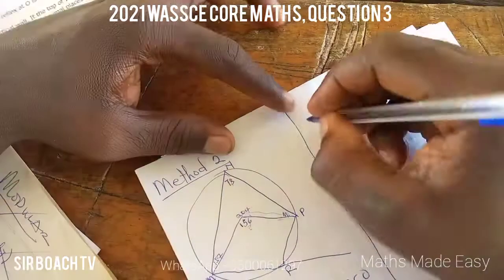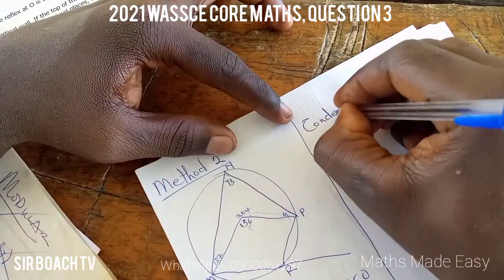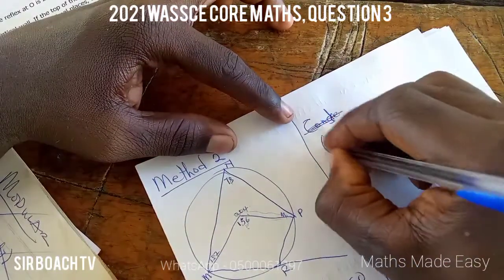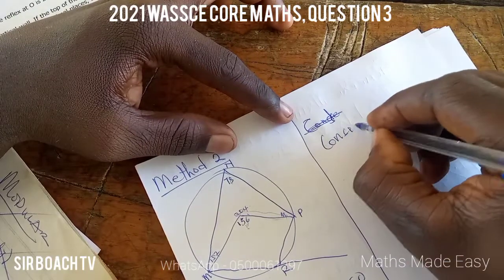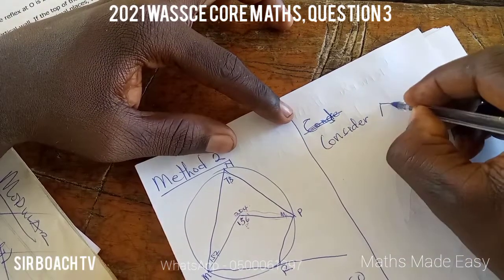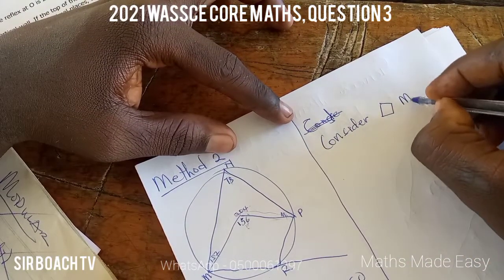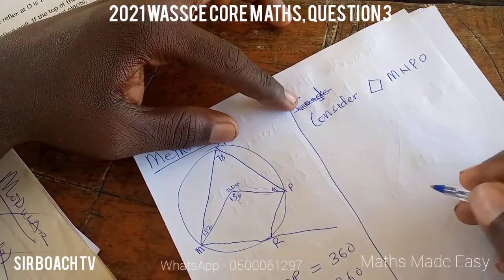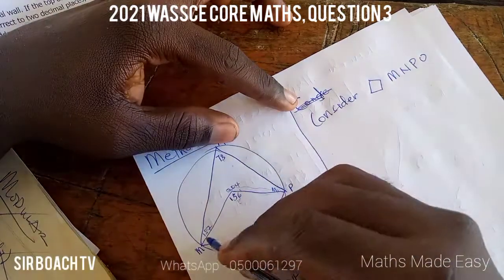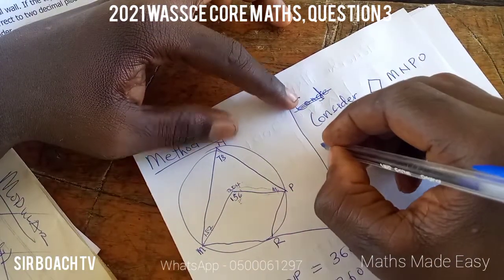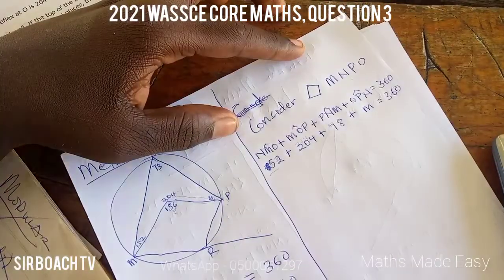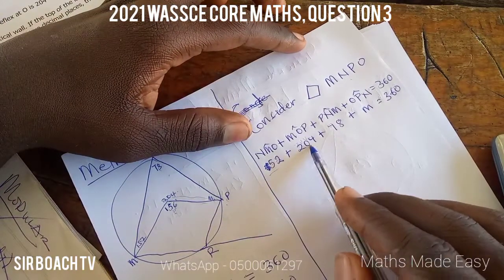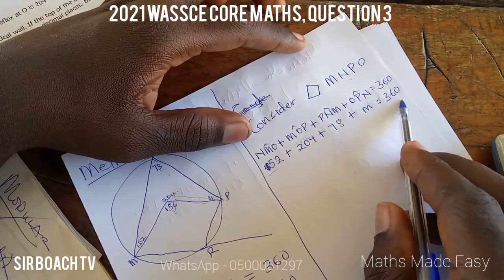So let's do that. So consider quadrilateral MNPO. So we are going to get 52 plus 204 plus 78 plus M equals 360.